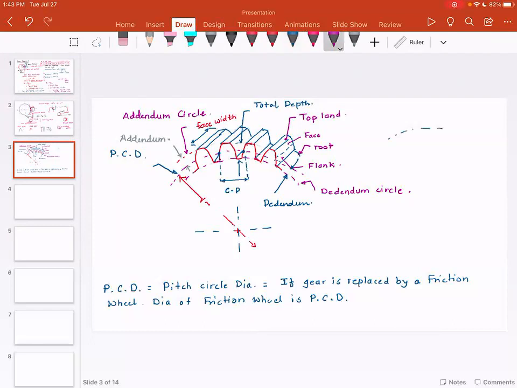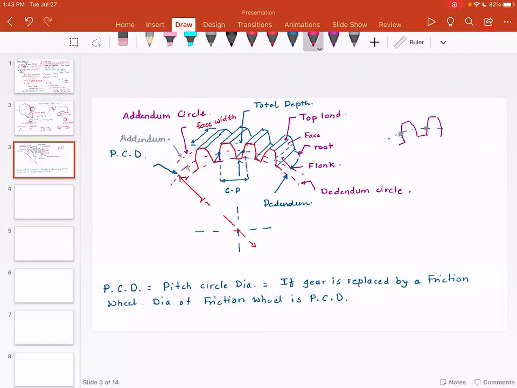So consider these two teeth. This is the beginning point. This is the second point.